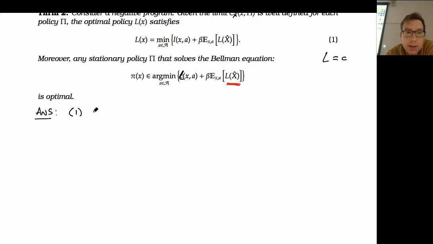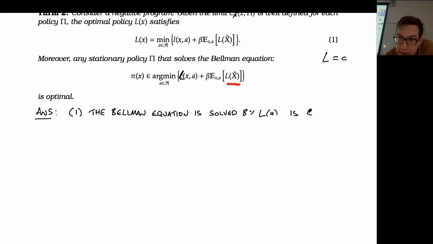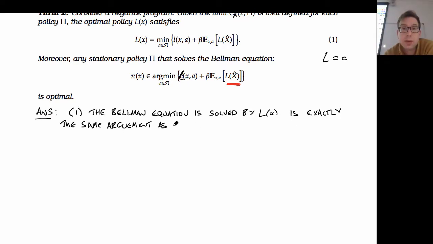So 1. The Bellman equation is solved by L of x is exactly the same argument as for positive programming.